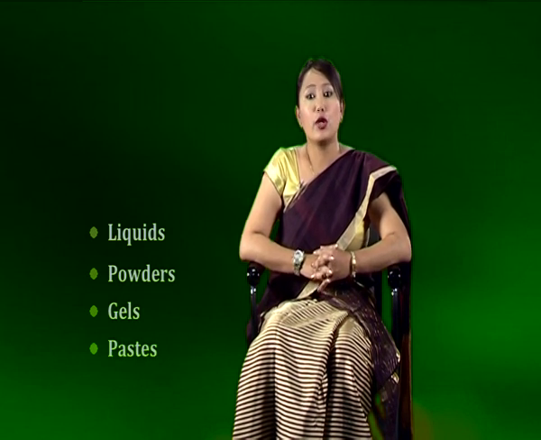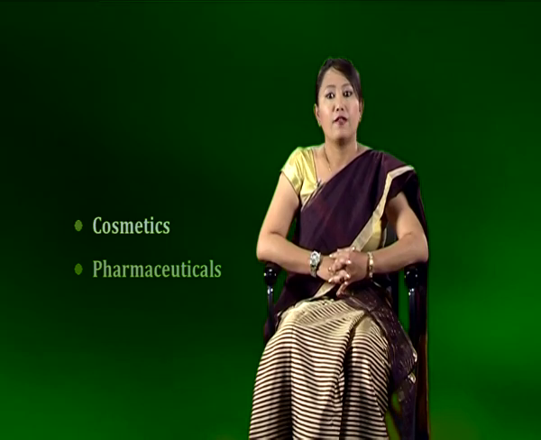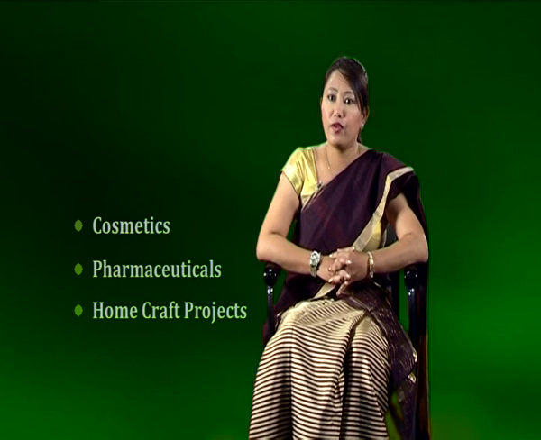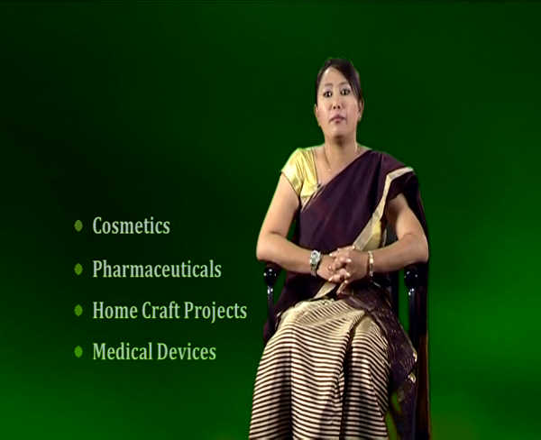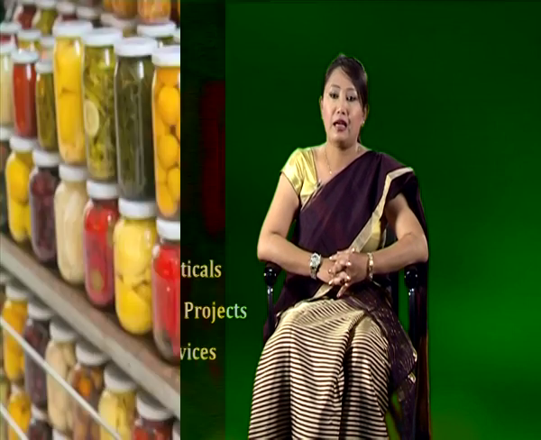Food coloring is used both in commercial food production and in domestic cooking. Due to its safety and general availability, food coloring is also used in a variety of non-food applications including cosmetics, pharmaceuticals, home craft projects and medical devices.